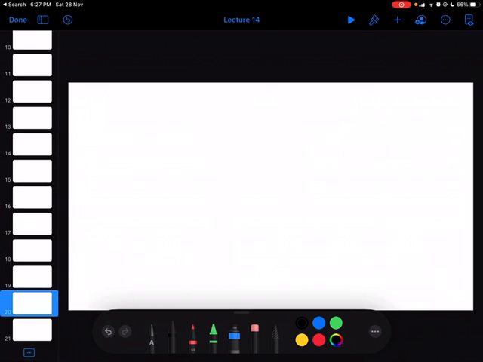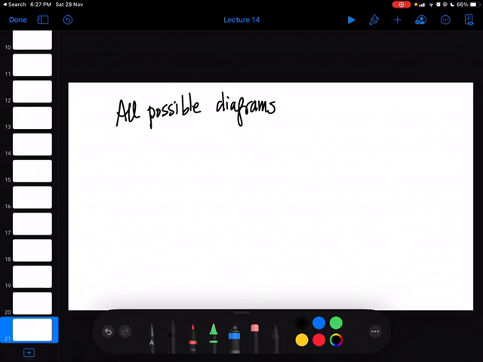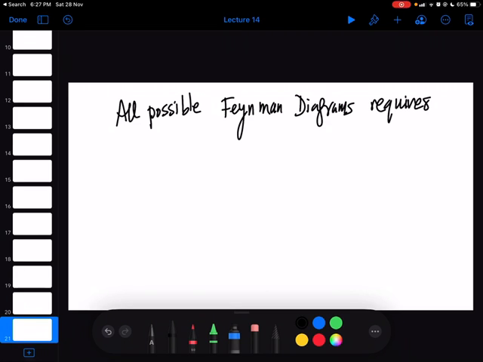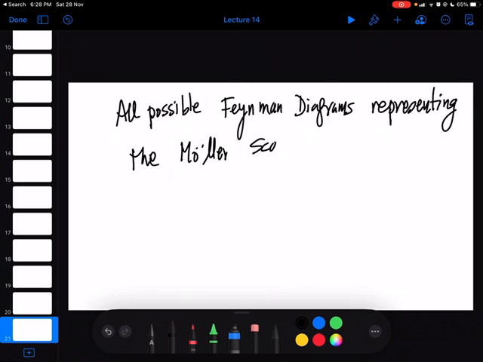So with this I have drawn all possible Feynman diagrams required for representing Møller scattering.